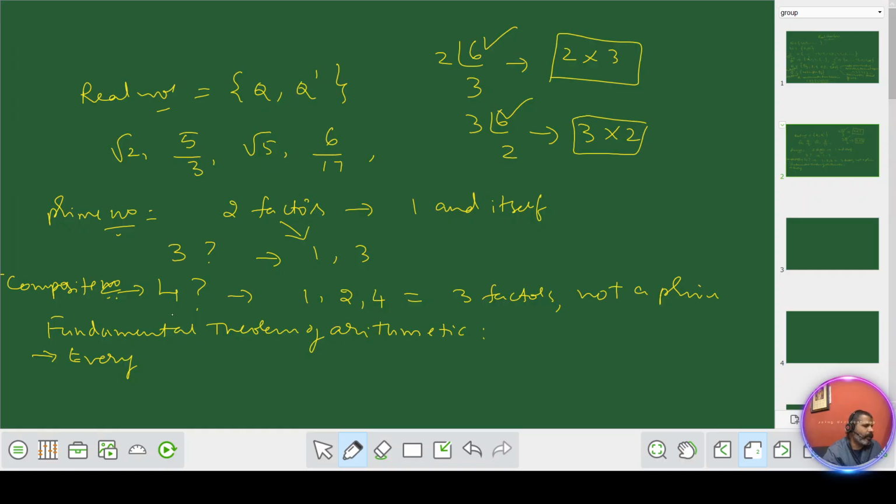So every composite number, the theorem goes like this.